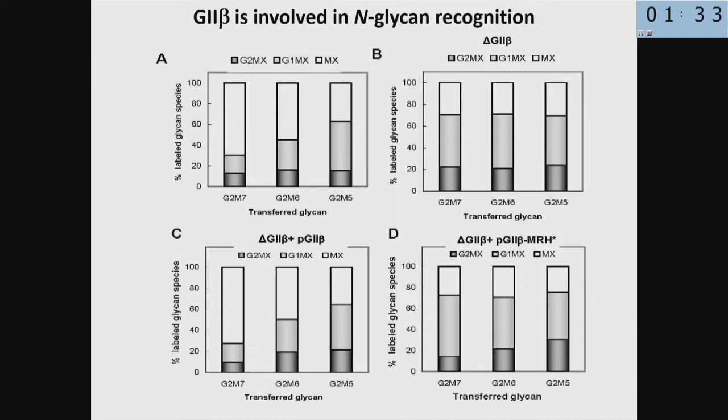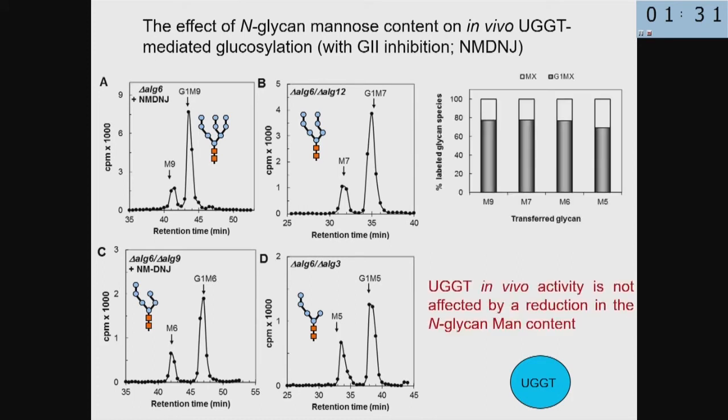I will not go into this because of shortage of time, but the number of mannose units in the glycan does not influence the activity of the glucosyltransferase.